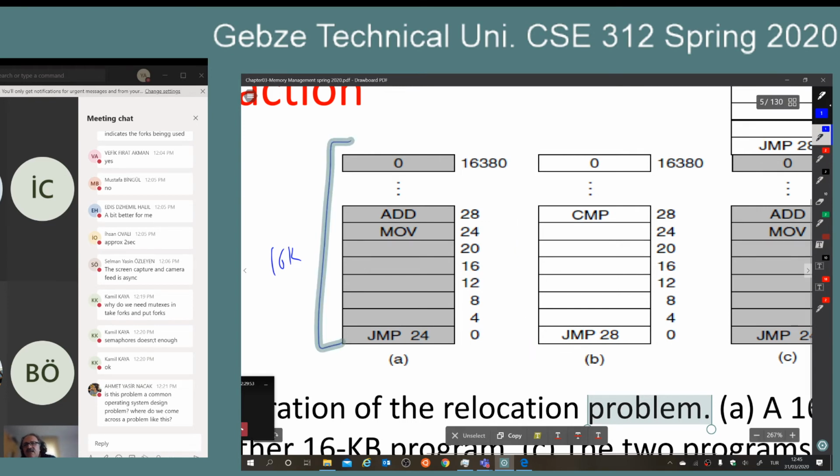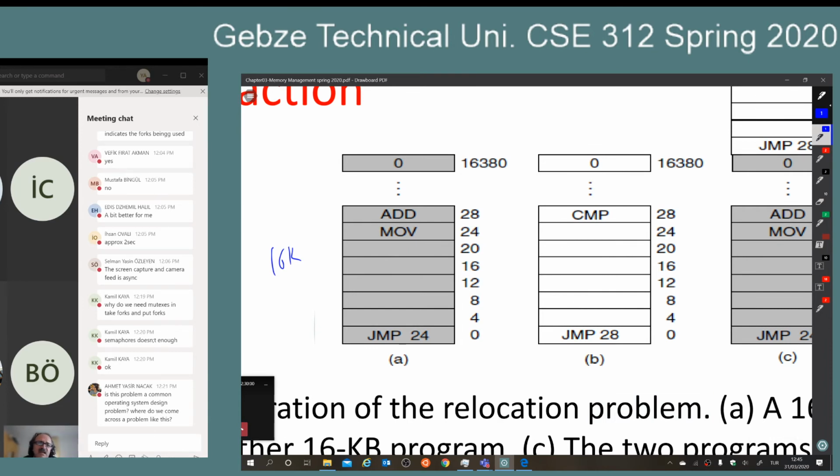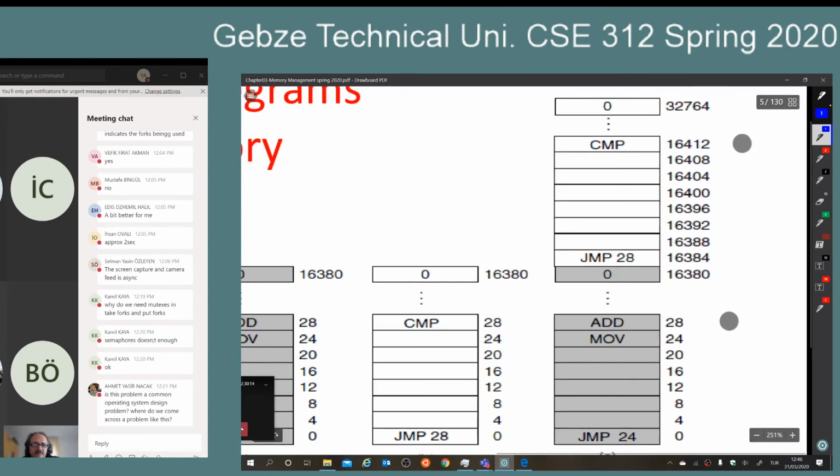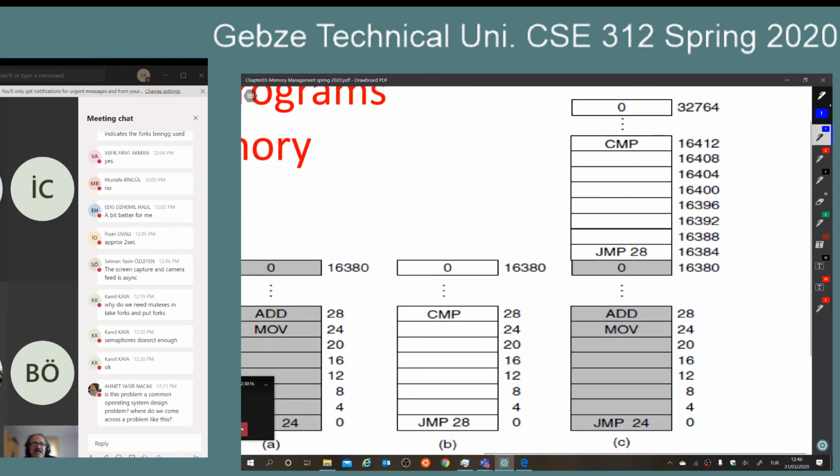If I run only this program or only this program on my computer, there is no problem. But if I'd like to do round-robin scheduling between these two, switching between them, I need to keep both of them in my memory at the same time, and I need to provide space for them. Let's say now I have a physical memory of 32 kilobytes.